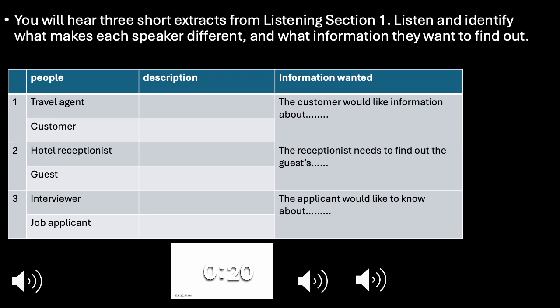Yes, that's right. My name's Bob Clark. I've got a booking. Great. I'll just get a few personal details from you. 3. Well, I don't think I have any more questions. Is there anything you'd like to ask me about the job? Yes, I was wondering if it involves a lot of travel and what the working hours are.